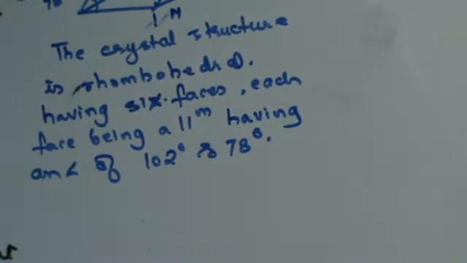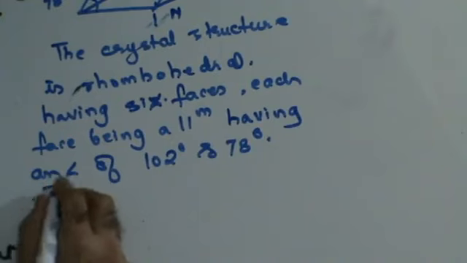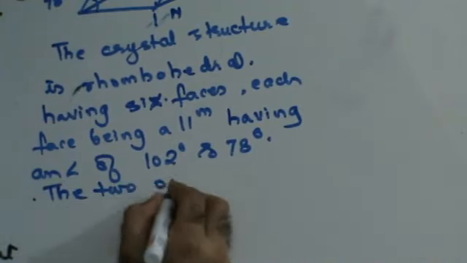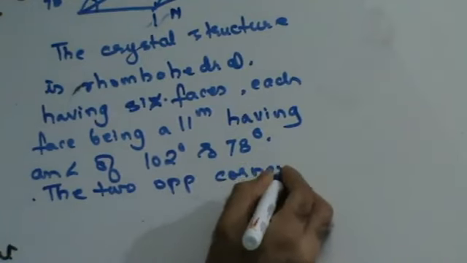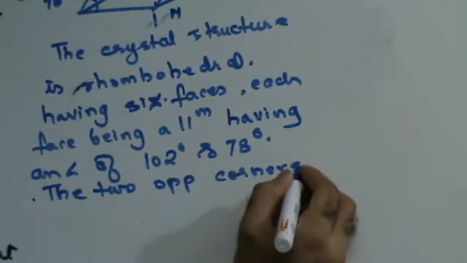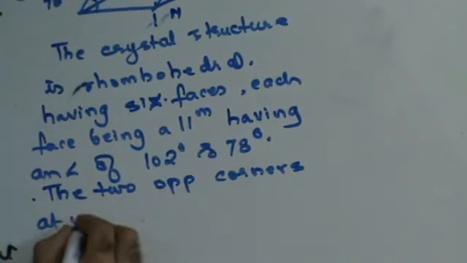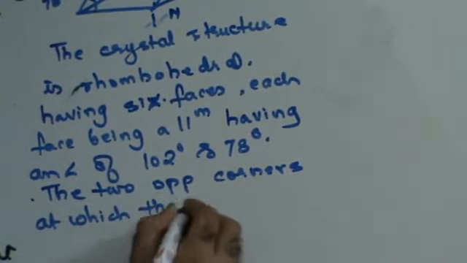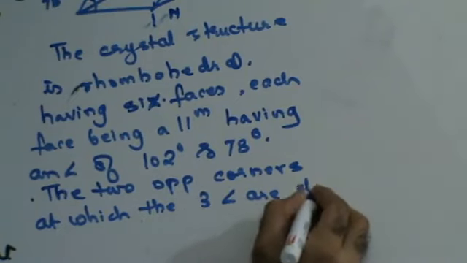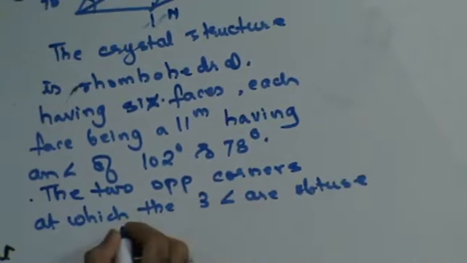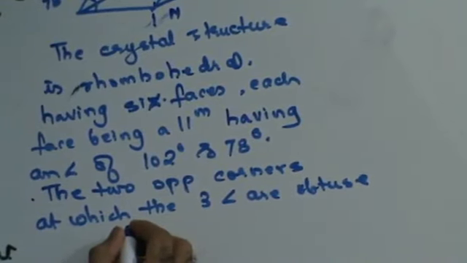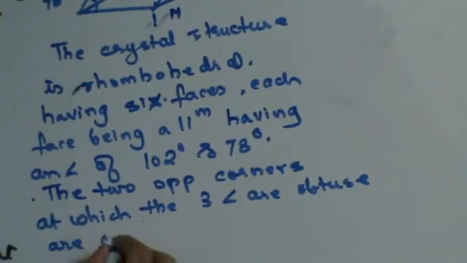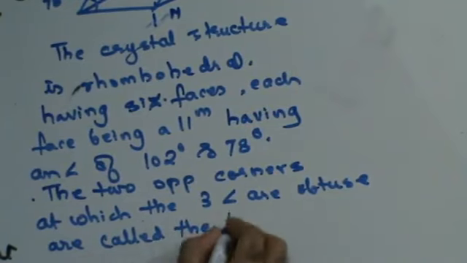Right? The two opposite corners at which the 3 angles are obtuse are called the blunt corners.